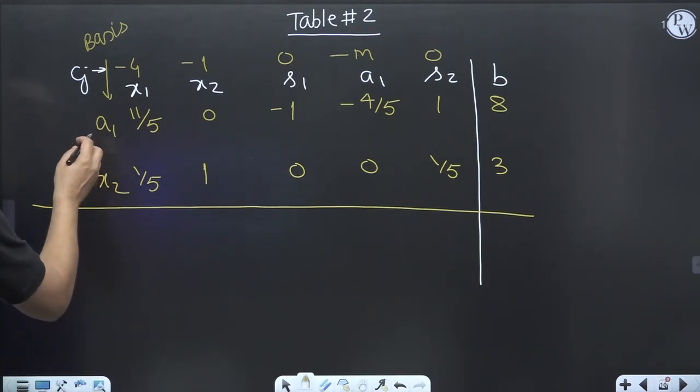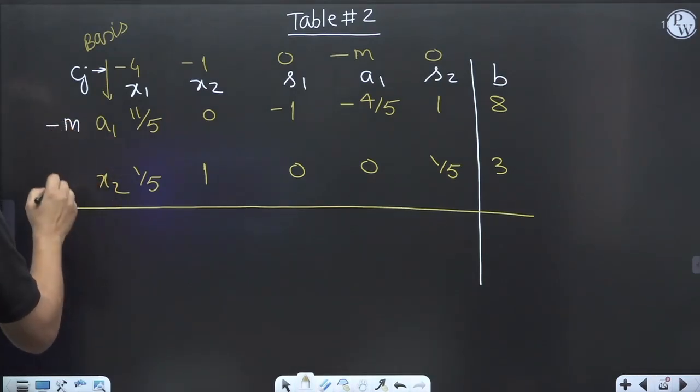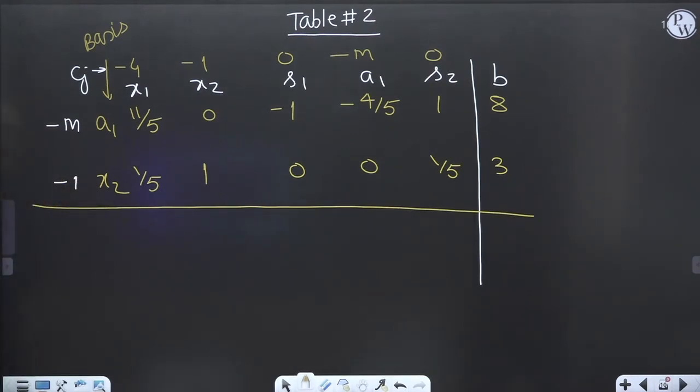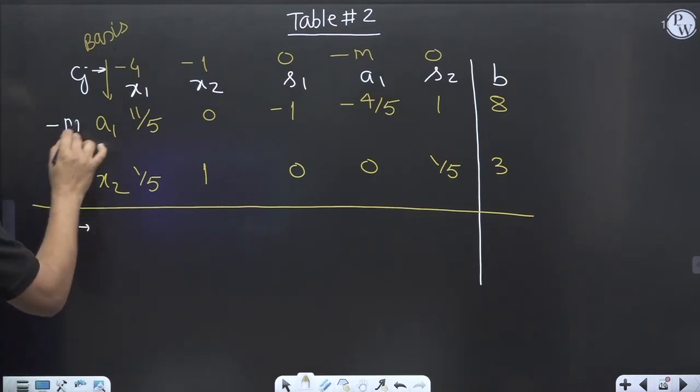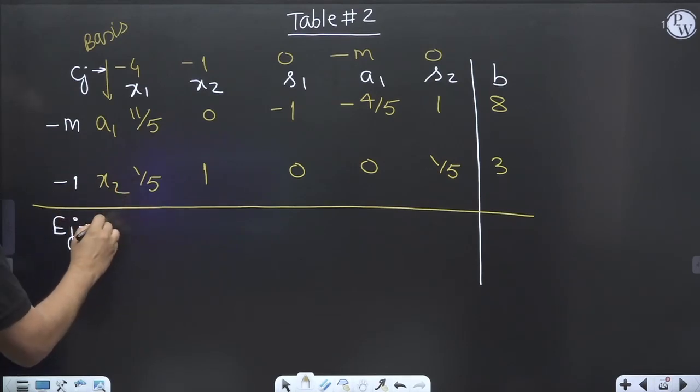Coefficient of A1 is -M, X2 is -1. Zj, this into this plus this into this, okay na?